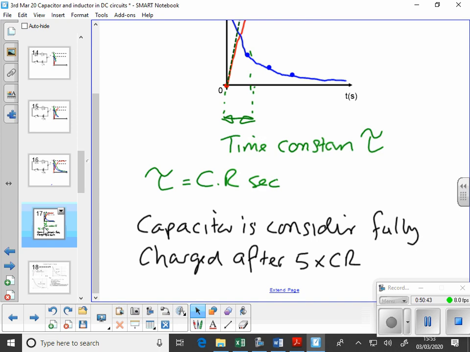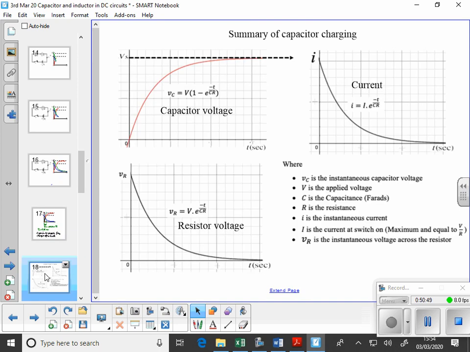Now, I'm going to go on to a summary page that's got formulas for these functions. They are a mathematical function. The capacitor voltage, top left, rises to its limit of whatever voltage you're supplying it with. So if you apply a constant voltage, you'll always get that shape.